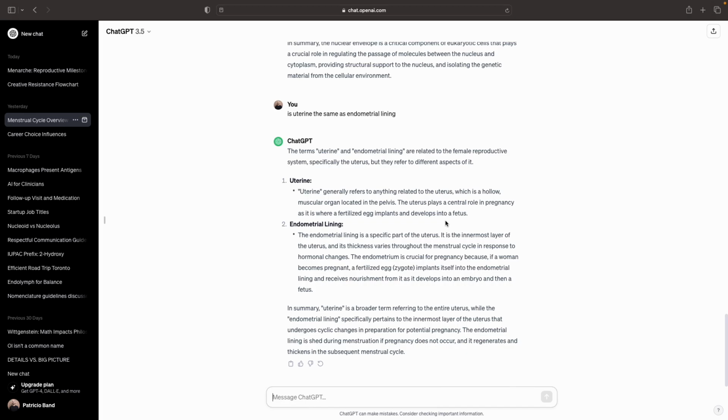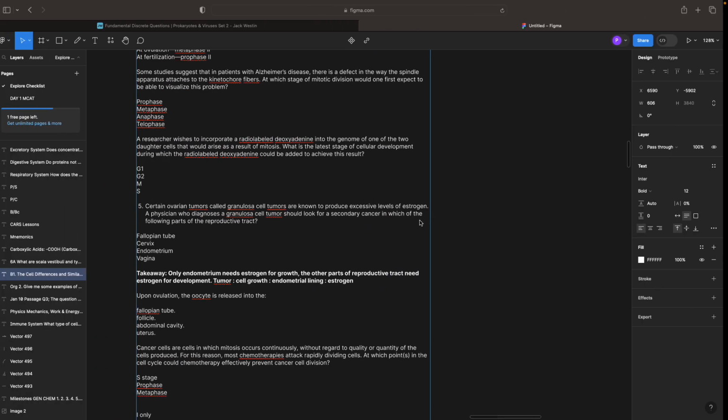It is the innermost layer of the uterus, and its thickness varies throughout the menstrual cycle in response to hormonal changes. The endometrium is crucial for pregnancy because if a woman becomes pregnant, a fertilized egg, the zygote, implants itself into the endometrial lining and receives nourishment from it as it develops into an embryo and then a fetus.